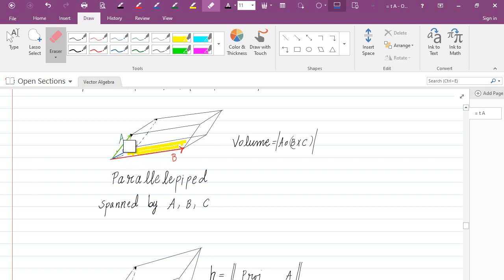So these three vectors would span this parallelepiped, and it turns out that the volume of this parallelepiped is equal to the absolute value of the scalar triple product of A, B, and C. In other words, if I compute the scalar triple product, I am getting the volume of this parallelepiped up to -1.